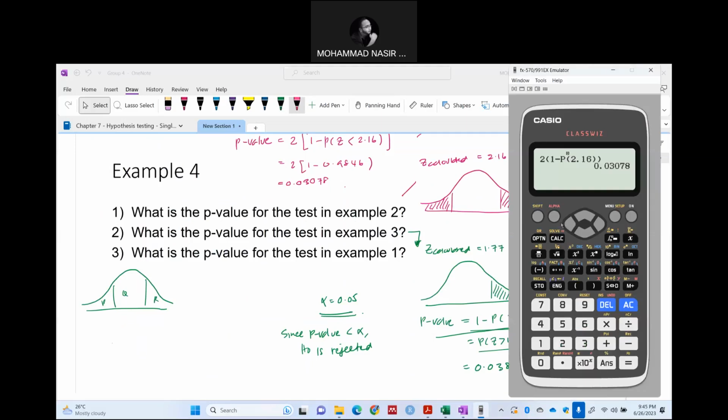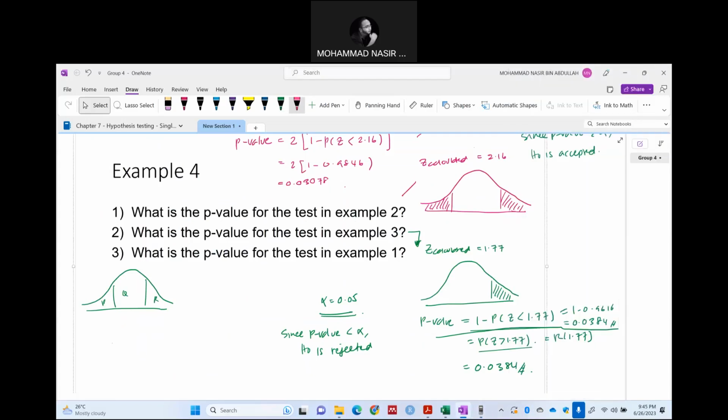You use normal, we take R, number 3, 1.77. It should be 0.038364. It's the same value, by using the calculator and the statistical table. Any question? You all understand? Very good.